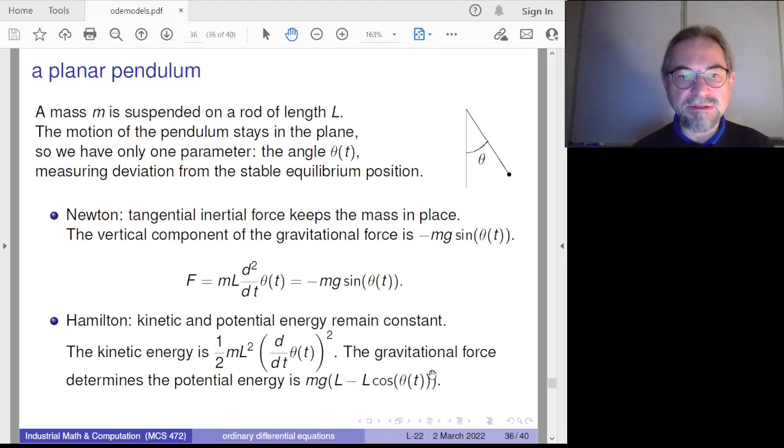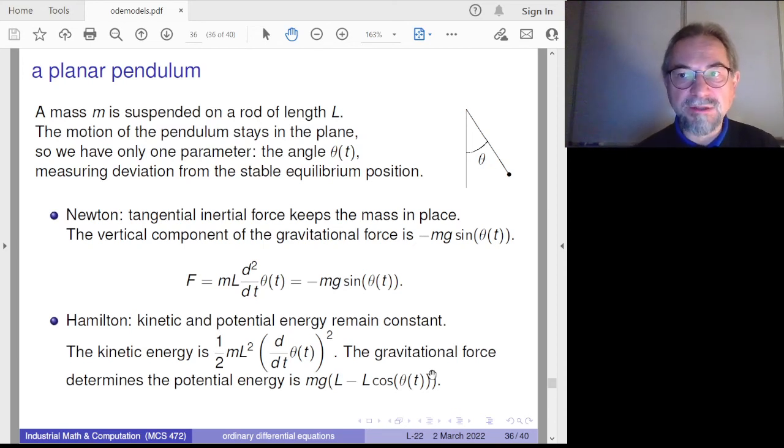So that's the mass times the acceleration. And the longer the rod here, the heavier the force. So that's the left-hand side of our equation. So now we are interested in the deviation. So that's why our variable is actually the angle, and we have a second order differential equation.